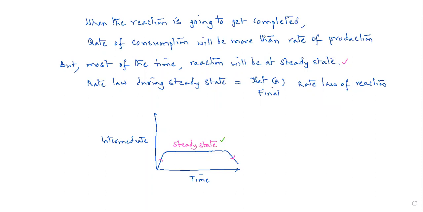So in general, at a steady state, d concentration of intermediate by dt can be given as 0. Remains the same because rate of its consumption is equal to rate of its formation.